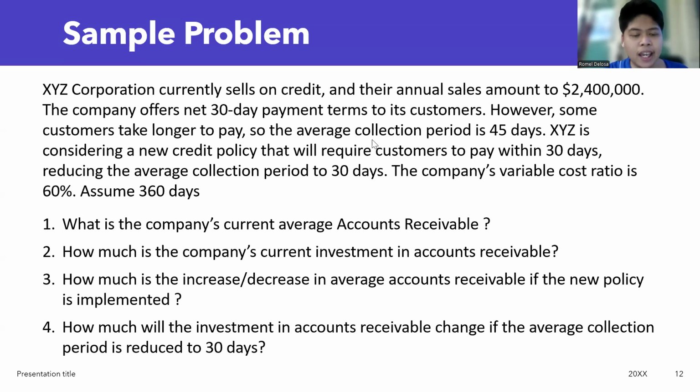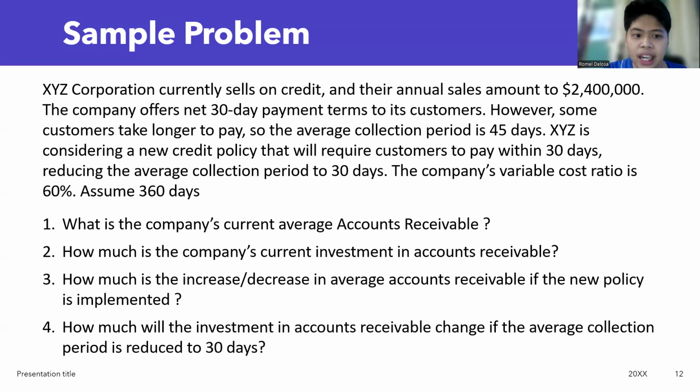So the problem is XYZ Corporation currently sells on credit, and their annual sales amount to $2,400,000. The company offers a net 30-day payment terms to its customers. However, some customers take longer to pay, so the average collection period is 45 days.